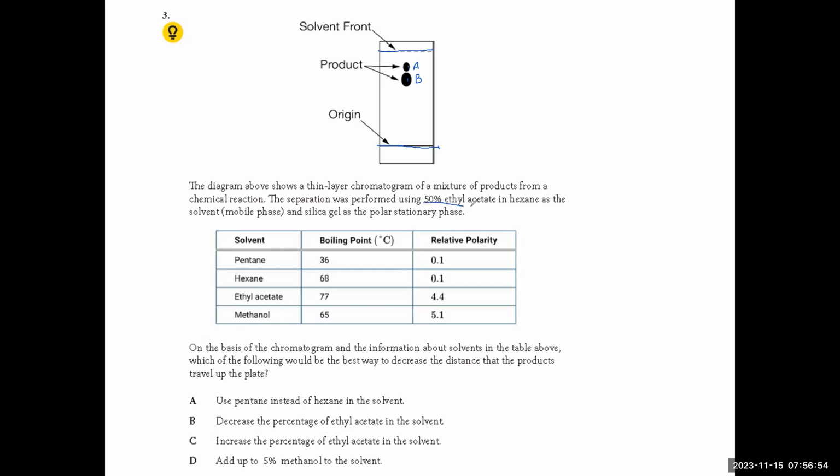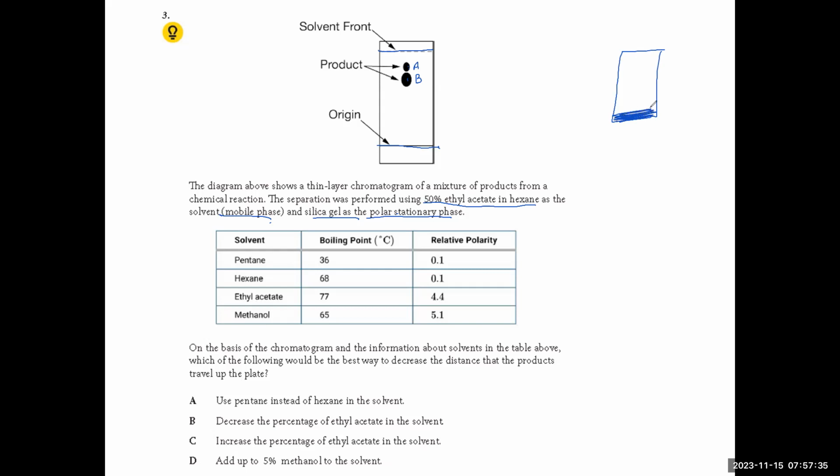Using 50% ethyl acetate in hexane as the mobile phase, and silica gel is there on the plate as a polar stationary phase. Actually, when I was of your age in school, our teacher used to give us a glass plate kind of thing, rectangular in shape, and then we used to put silica gel on it.